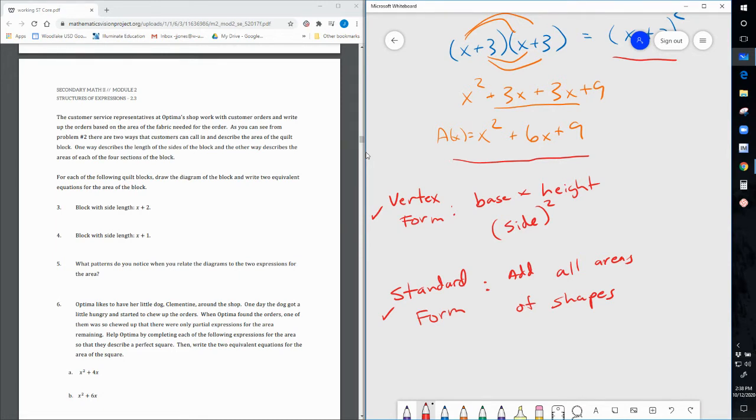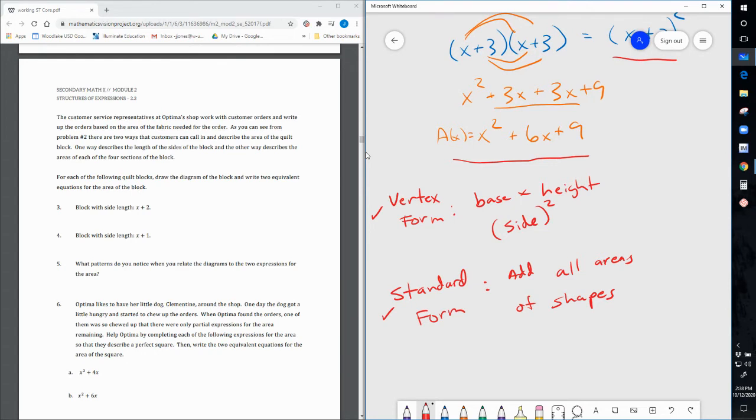So one way describes the length of the sides of the block, and the other way describes the areas of each of the 4 sections of the block, and then you add them up. So that one's standard form. For each of the following quilt blocks, draw the diagram of the block, and then write 2 equivalent equations for the area of a block.